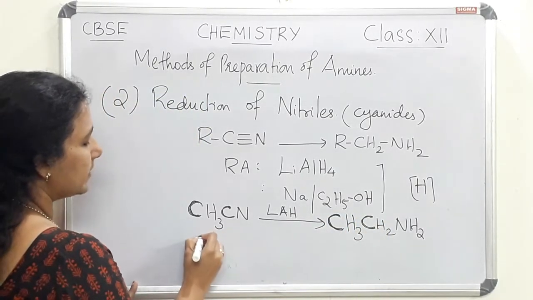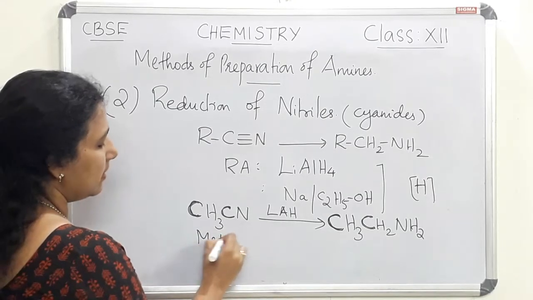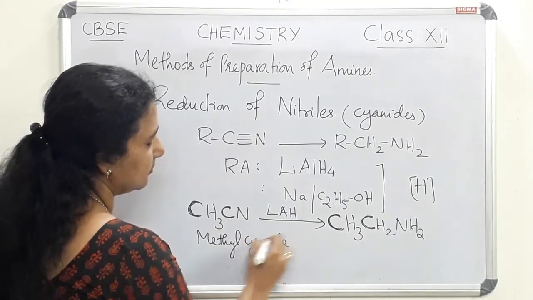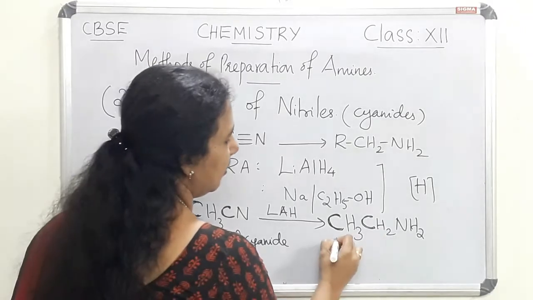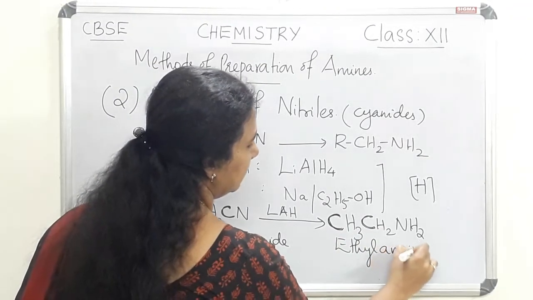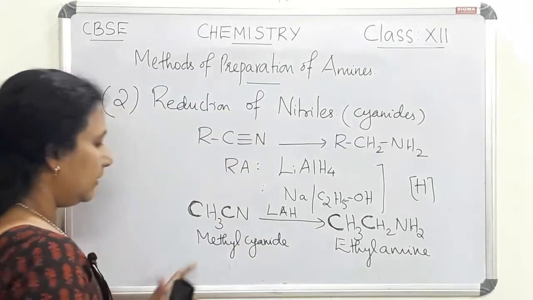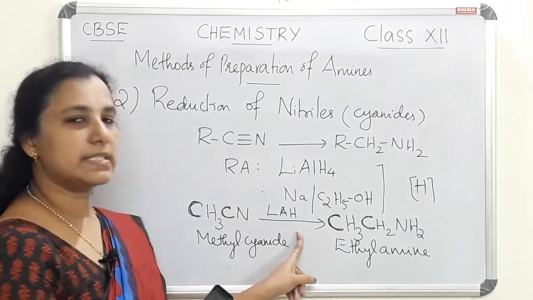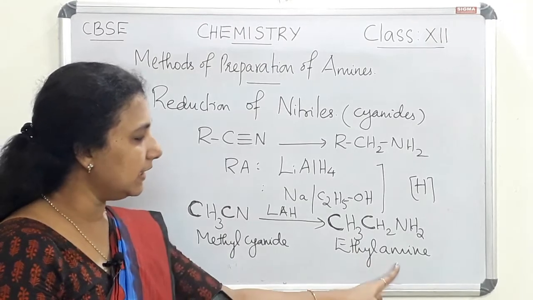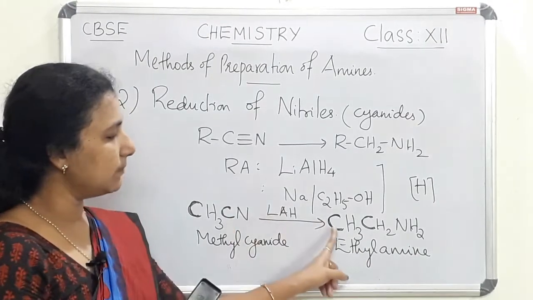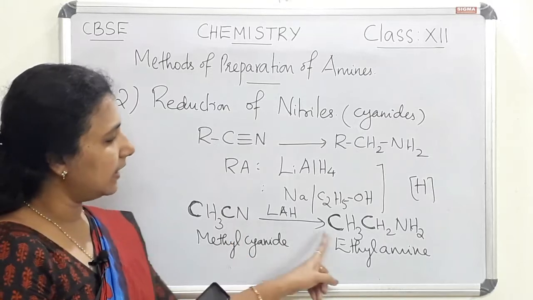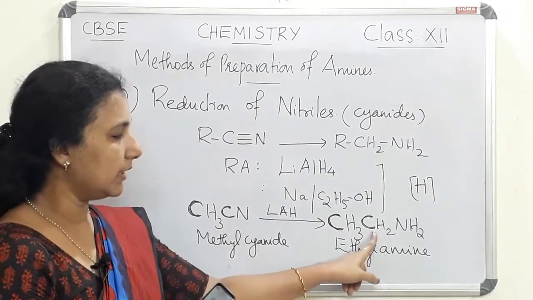This is known as methyl cyanide, and this is called ethylamine. So when methyl cyanide on reduction in presence of lithium aluminum hydride produces ethylamine, the cyanide has two carbon atoms and this amine has two carbon atoms also.